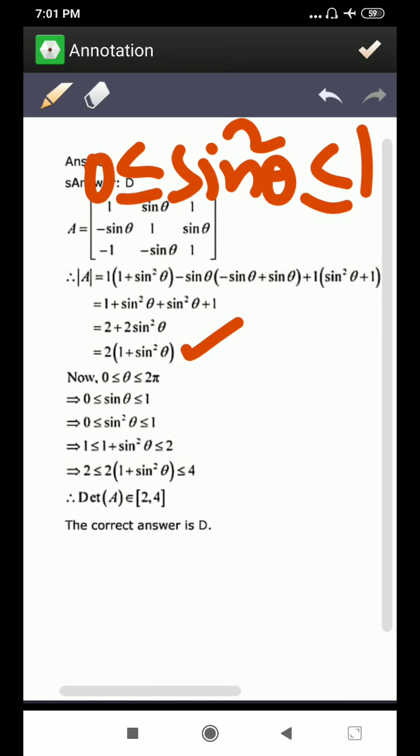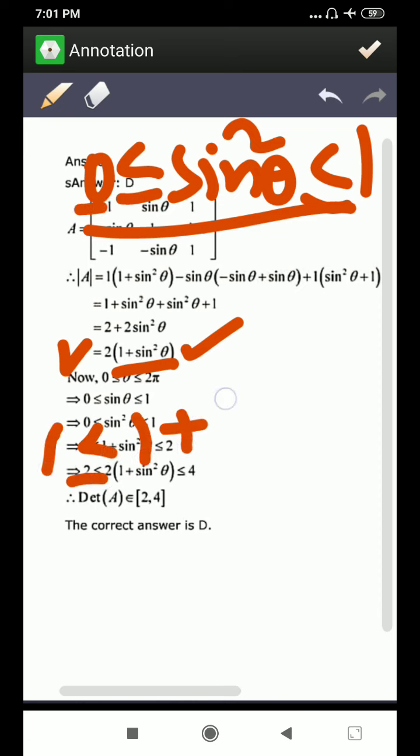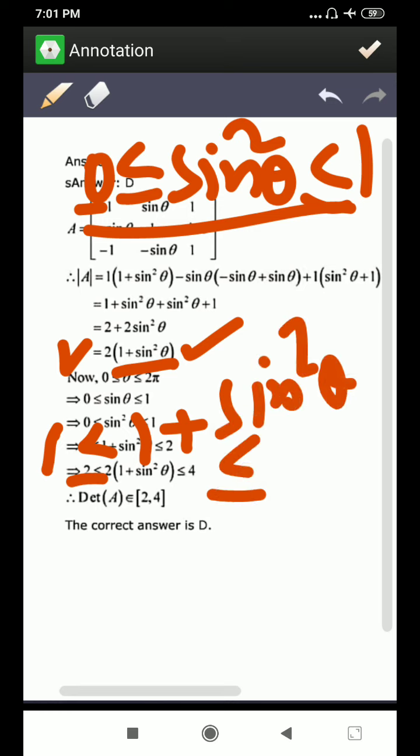As we know that sine square is less than or equal to 1, we will try to obtain this whole expression using this. Over here it is given 1 plus sine square theta, so add 1 throughout. So 0 plus 1 is 1, is less than or equal to 1 plus sine square theta, is less than or equal to, add 1 in this, it will become 2. So 1 plus sine square theta lies between 1 and 2.